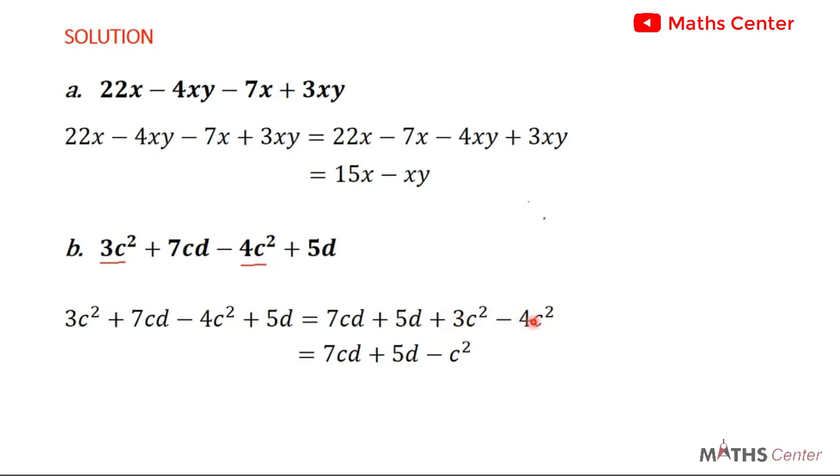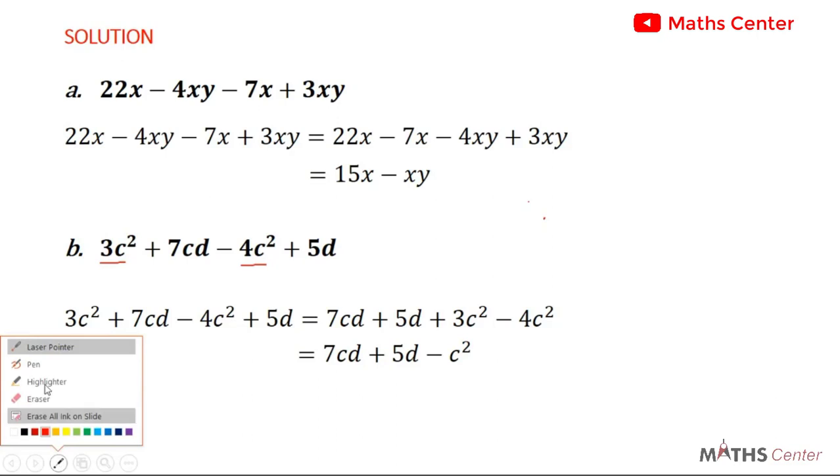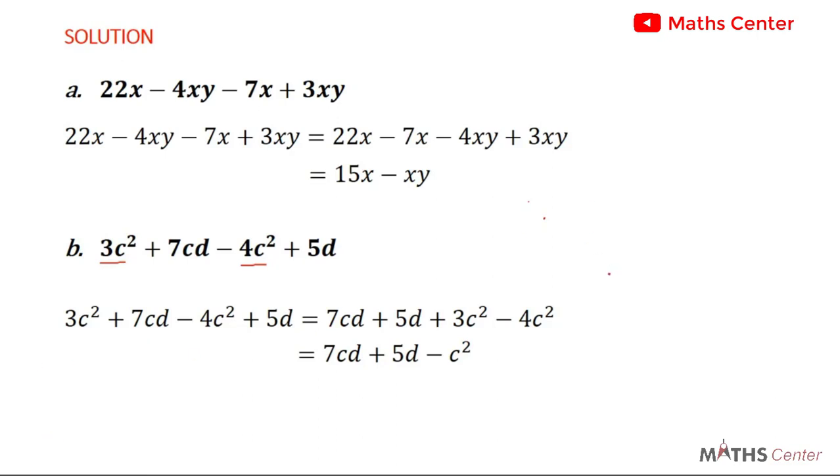We know that 3 minus 4 is minus 1. So actually we are going to get minus 1 c squared. But just as we learned in the first example, minus 1 c squared is the same as minus c squared. So the answer for B is 7cd plus 5d minus c squared. We are not adding 7cd to 5d because they are not like terms.